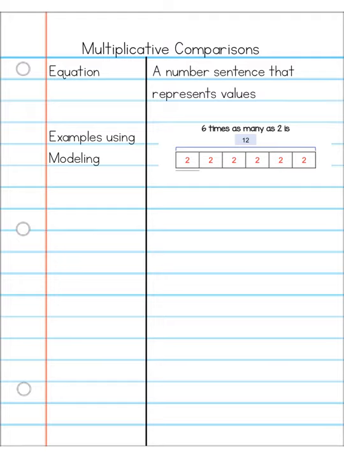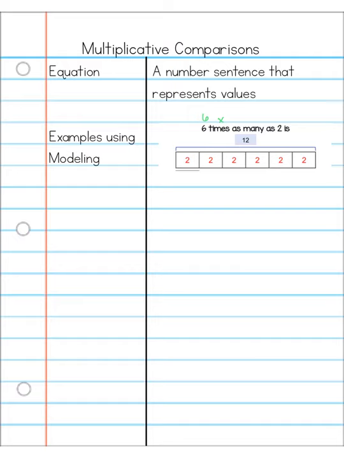The first example we're going to look at of a multiplicative comparison is using a model. So this example is done for us. The word sentence says, or the statement says, 6 times as many as 2 is 12. So 6 times, that word times can mean multiplication or division. Here it means multiplication.